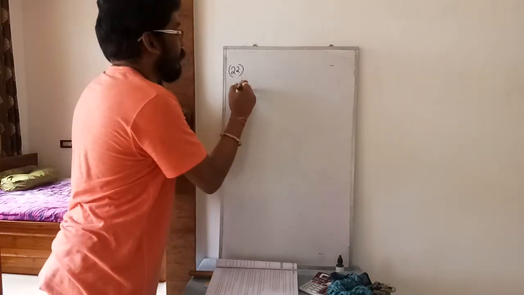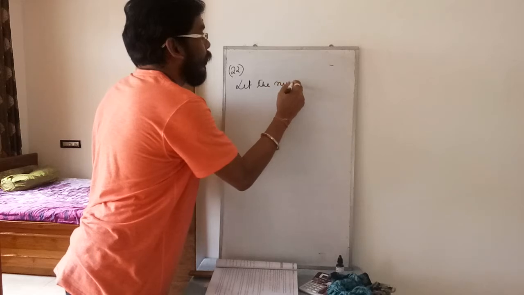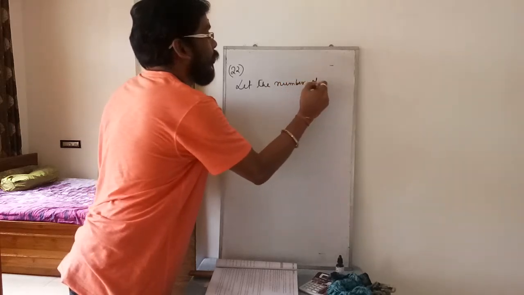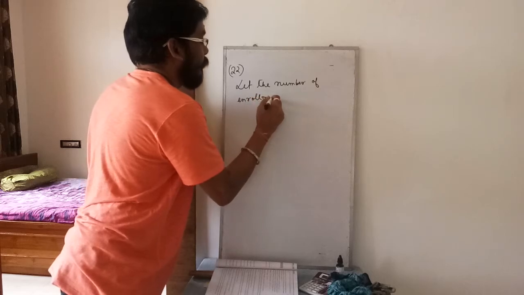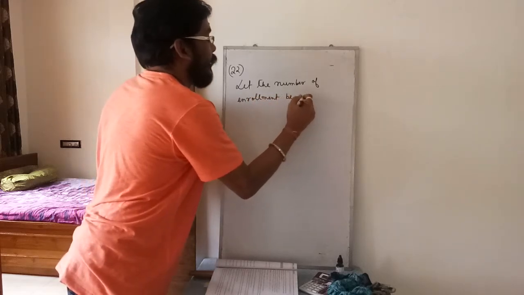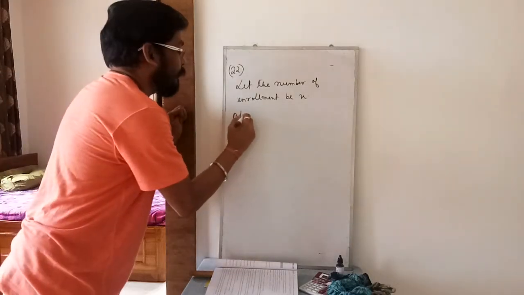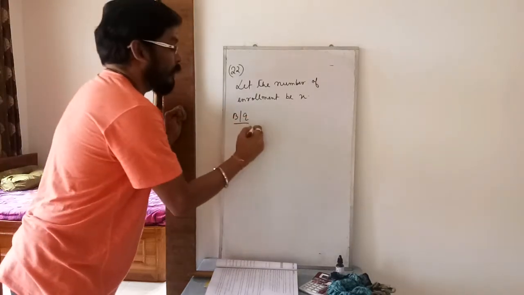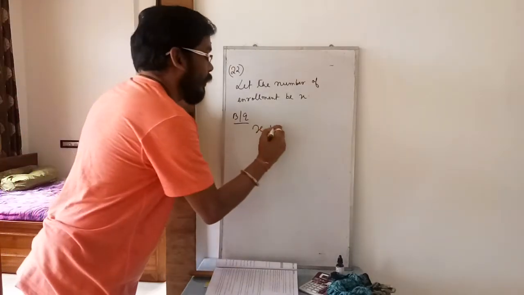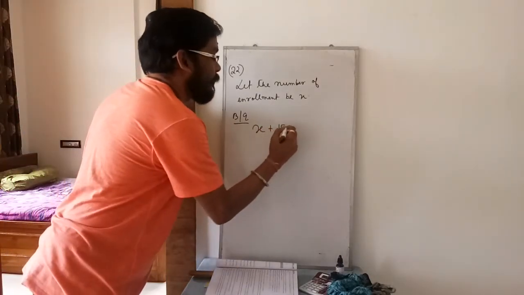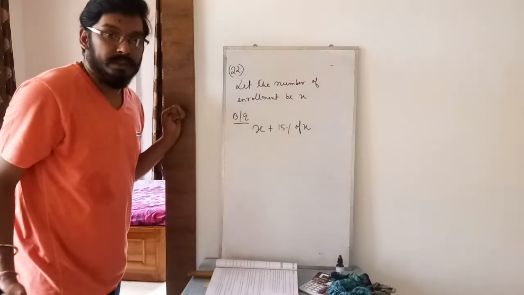So let the number of enrollment be X. This is the last year enrollment. Now by the question, how much has it increased? 15%. 15% means 15% of whatever was there last year.